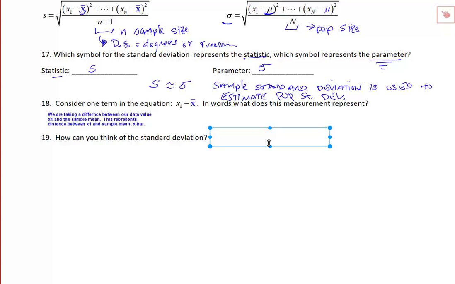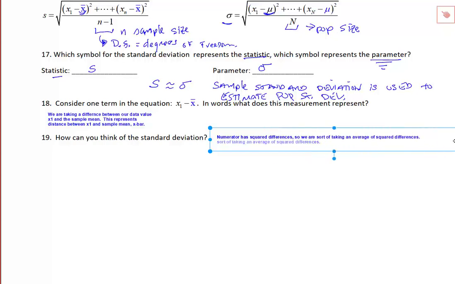So the numerator has squared differences, which I know doesn't mean anything to you right now, but that's okay. So we are sort of taking an average of squared differences.